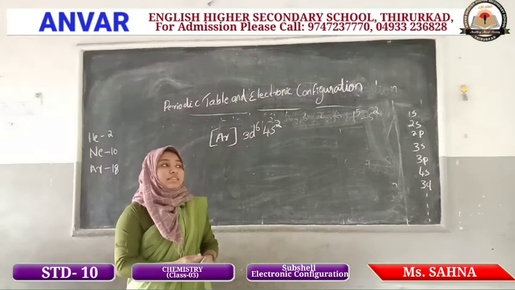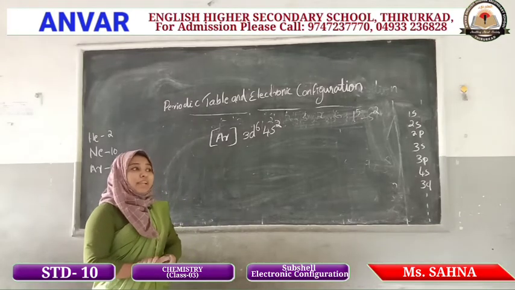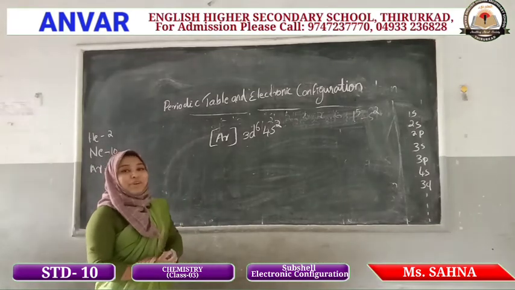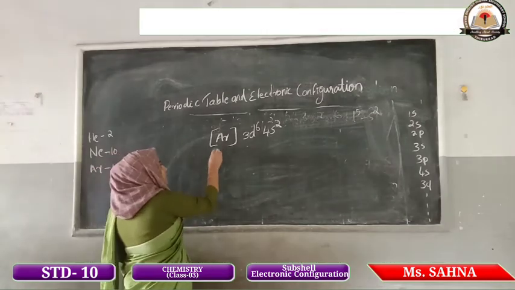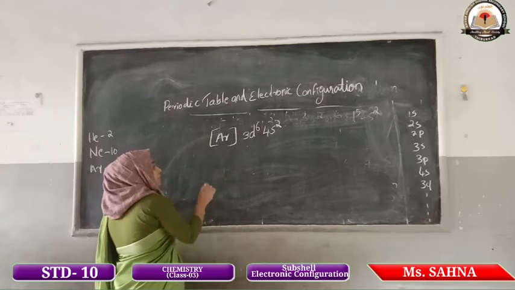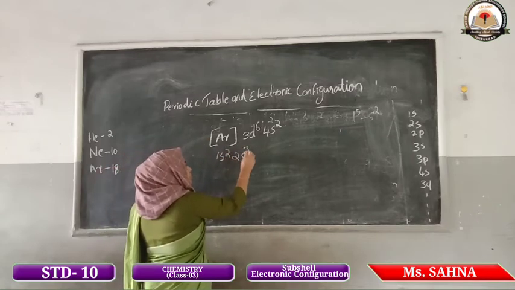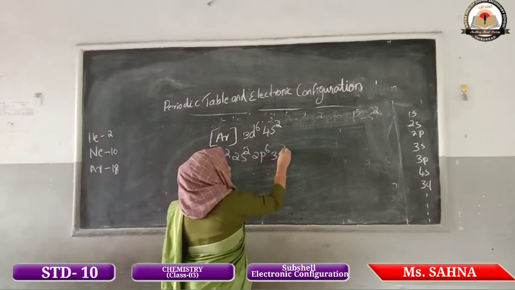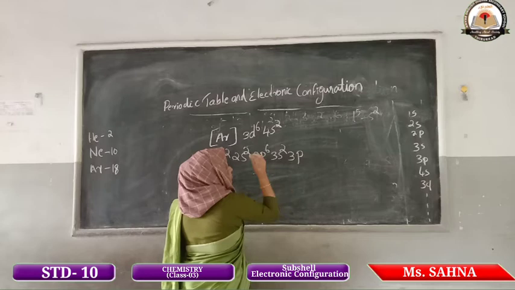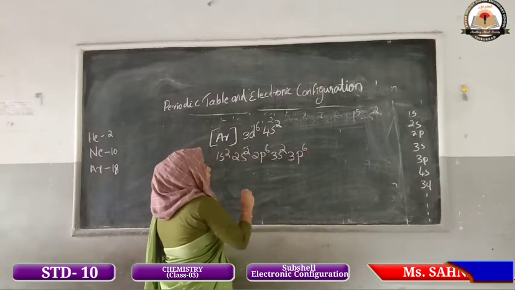First we answer the third question. What is the third question? Write the complete subshell electronic configuration of the element. First we write the subshell electronic configuration of argon: 1s2, 2s2, 2p6, 3s2, 3p6.